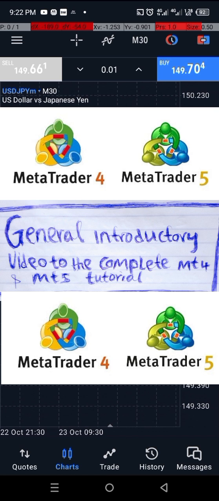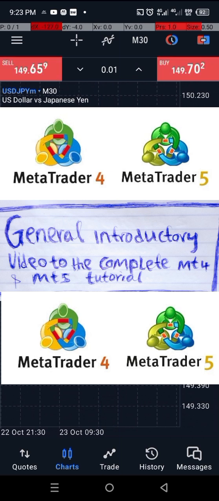The fourth point is, throughout these videos on how to master MetaTrader 4 and MetaTrader 5, you will notice that I will only be mentioning MetaTrader 5. Why will I be doing so? It is because MetaTrader 5 is an updated version of MetaTrader 4.